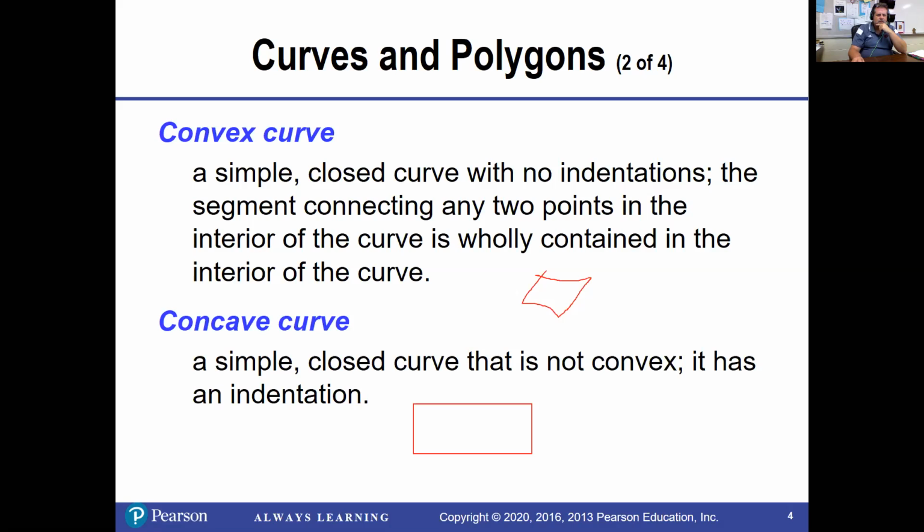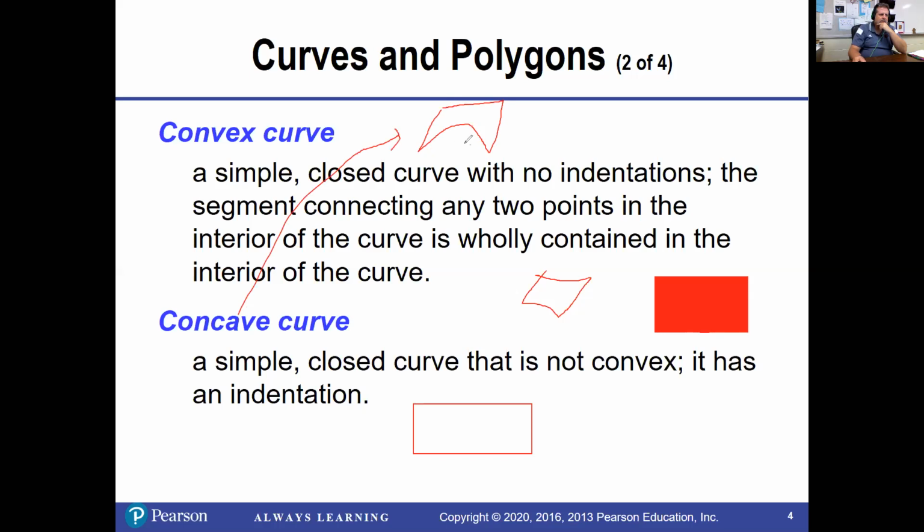Let's try to get another shape for you. Is that concave or convex? Let me draw one and see how well I can draw this. When you have something like this, this one's concave.